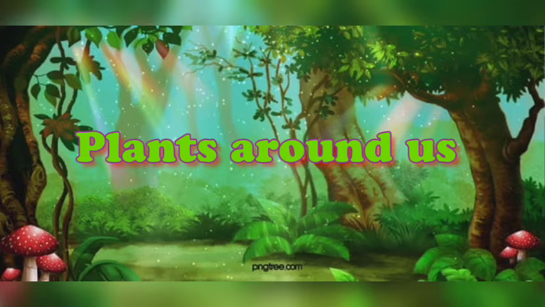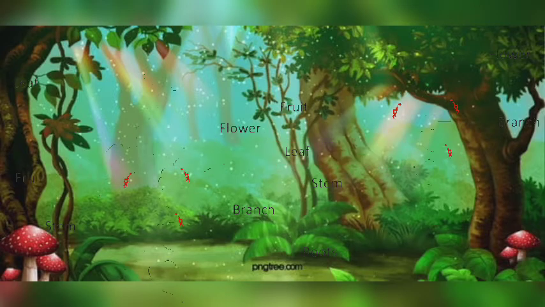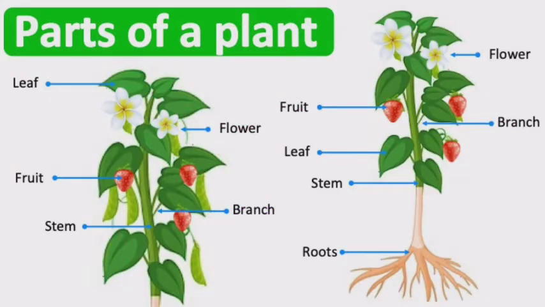Before doing this exercise you have to know about the plants, only then can you do this exercise. So I am giving a small introduction about the plants. From it you can get the idea to do this exercise. We can see plants everywhere, isn't it?